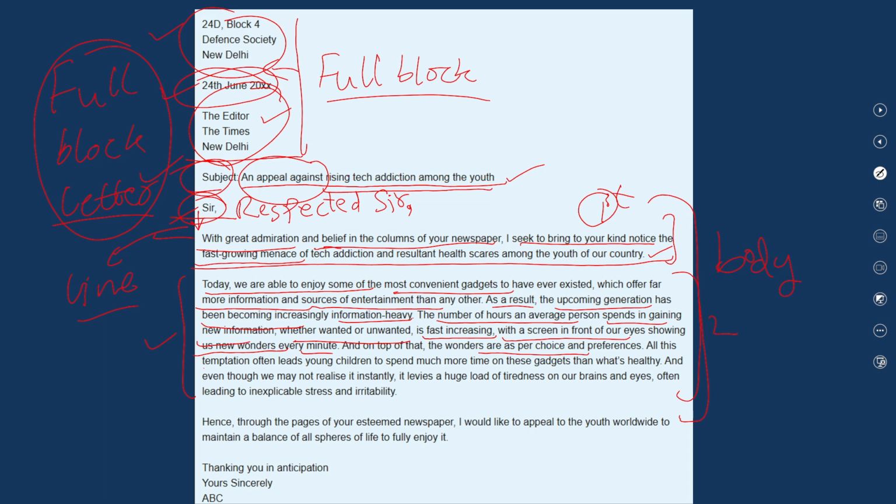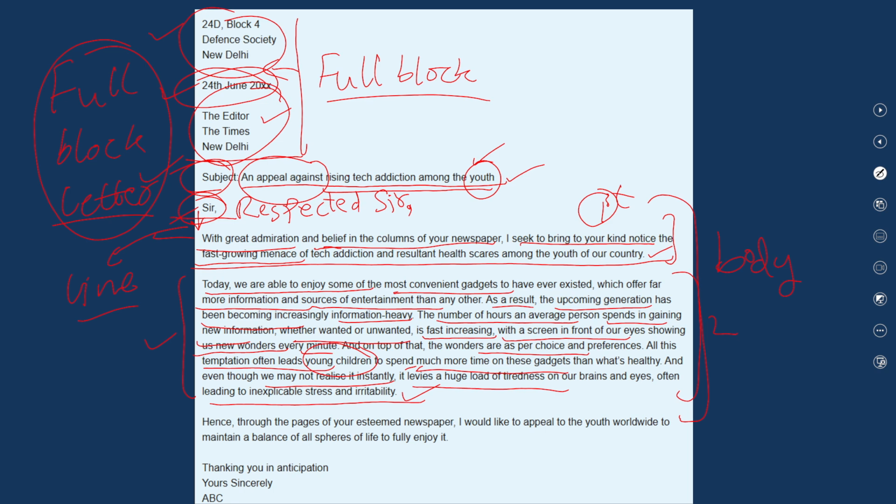All this temptation often leads young children, because we are referring to youth, to spend much more time on these gadgets than what's healthy. And even though we may not realize it instantly, it levies a huge load of tiredness on our brains and eyes, and often leads to inexplicable stress and irritability.